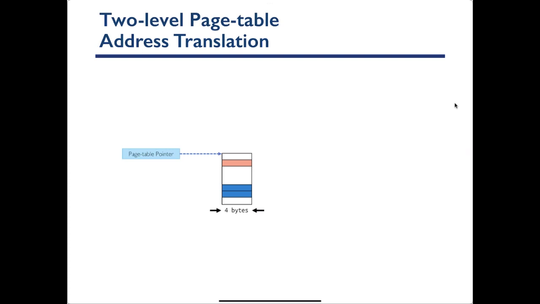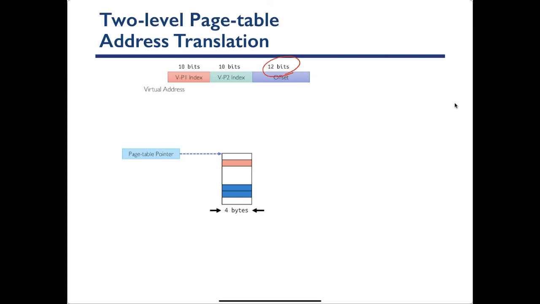So the idea is, the number of bits that I'm going to use for my offset is not going to change. Now, I'm going to divide the number of bits that I have left for my virtual page into two portions.